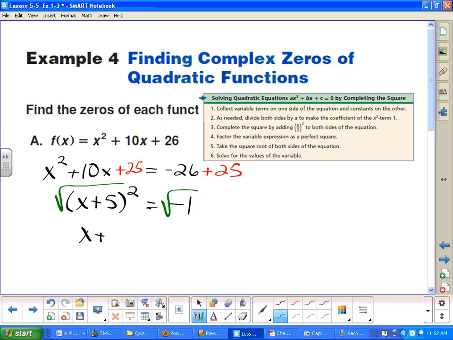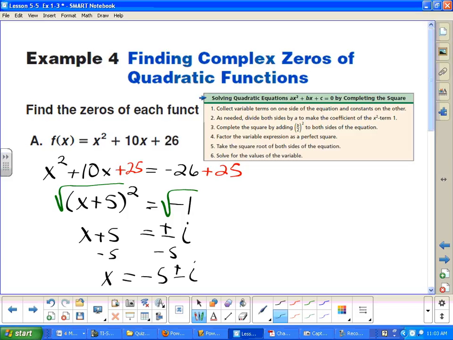Get x plus 5 equals plus or minus the square root of negative 1, which is not 1, it's i, 1i. Then we subtract 5, and we get x equals negative 5 plus or minus i.